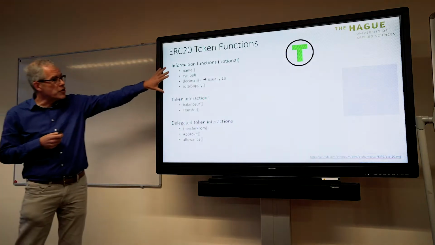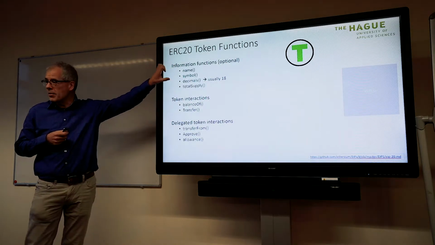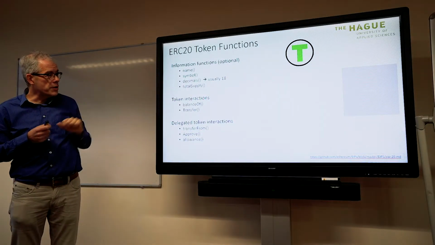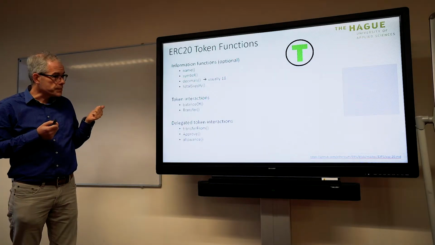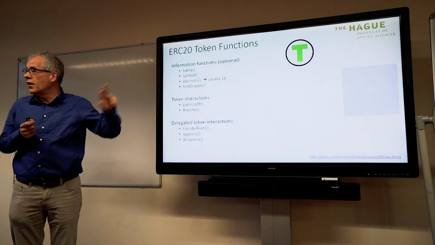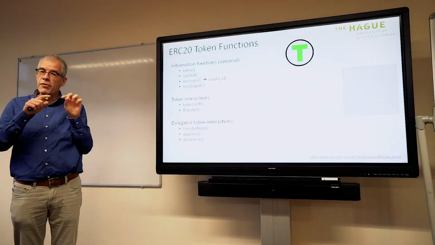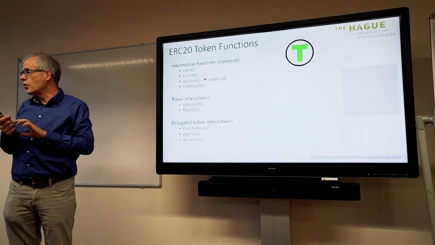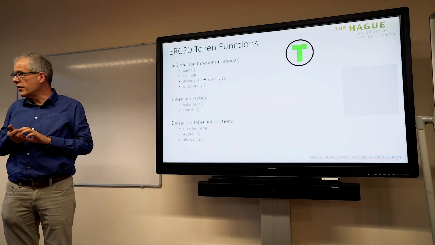There's a group of functions here above that are used to get some information about the token. So you can get the token name, the token symbol, the number of decimals, and the total amount of tokens there is. And this type of token is just like Ethereum, where you can have 0.00001 tokens, like the Wei in Ethereum.